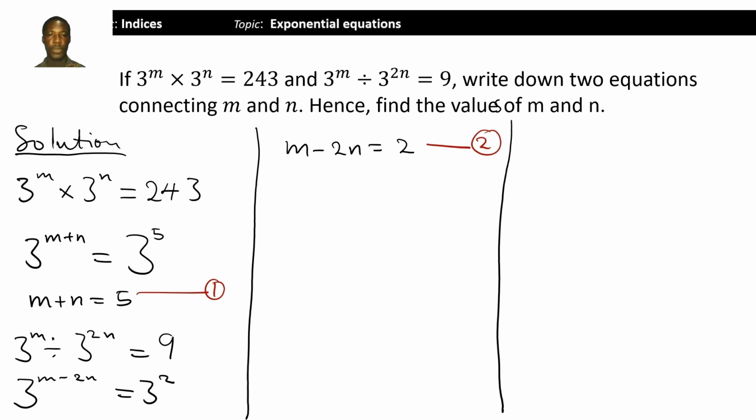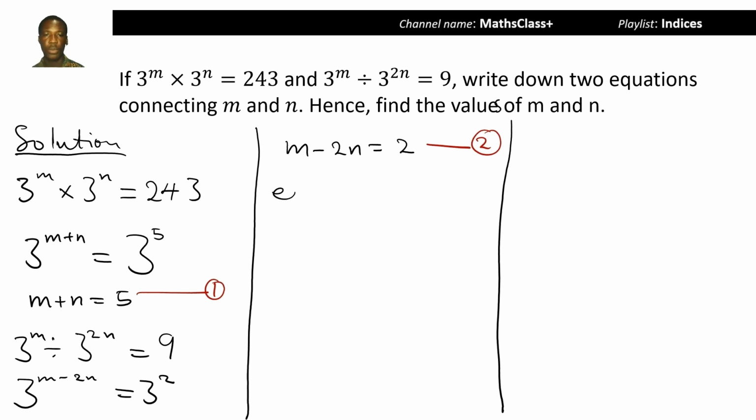Okay. So now we have two equations that we can solve simultaneously. Once again, I am going to use the elimination method. So I'm going to subtract equation 2 from equation 1. So equation 1 minus equation 2.